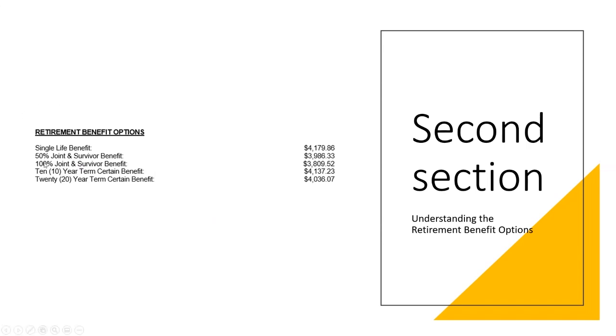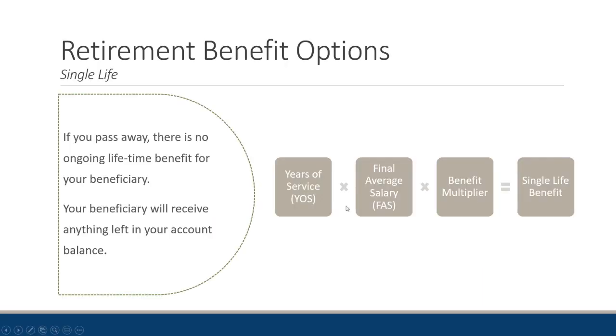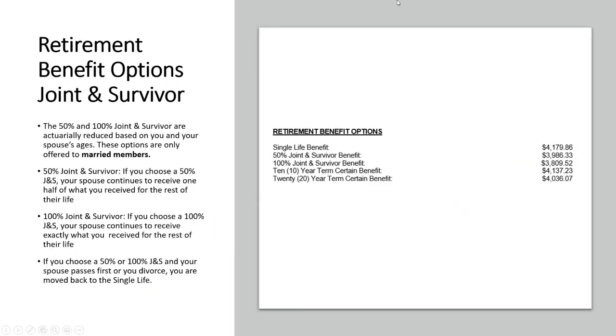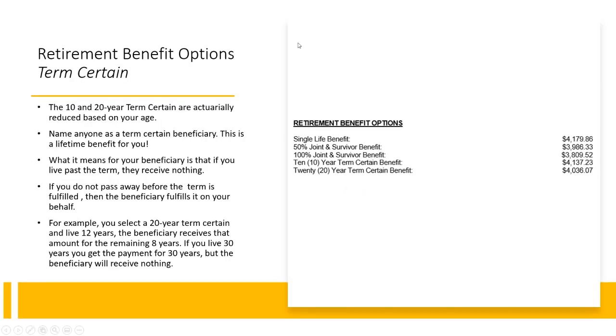The beauty of the joint and survivor, if you're married, is that it doesn't matter how long I live. If my spouse is still kicking, he's going to continue to receive a benefit. Okay. So again, actuarially reduced based on our ages, and these are only for married people. Term certains, again, actuarially reduced based on our age.